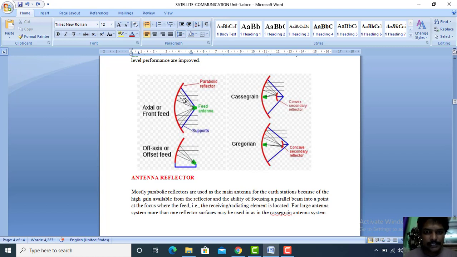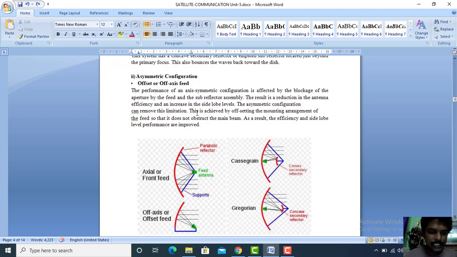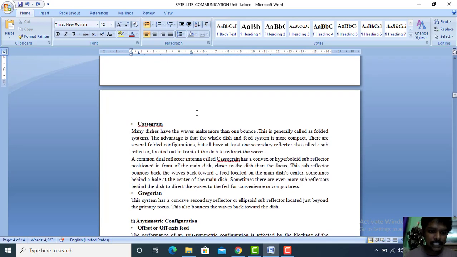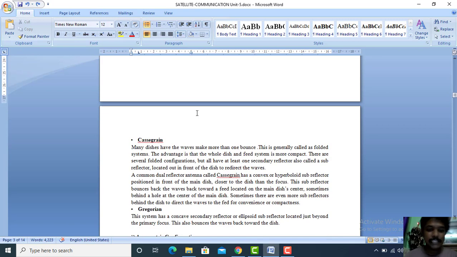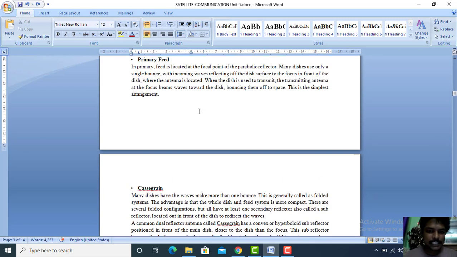It feeds the signals to the reflector, and those propagate in all directions. This is axis symmetric, which internally includes the Cassegrain.